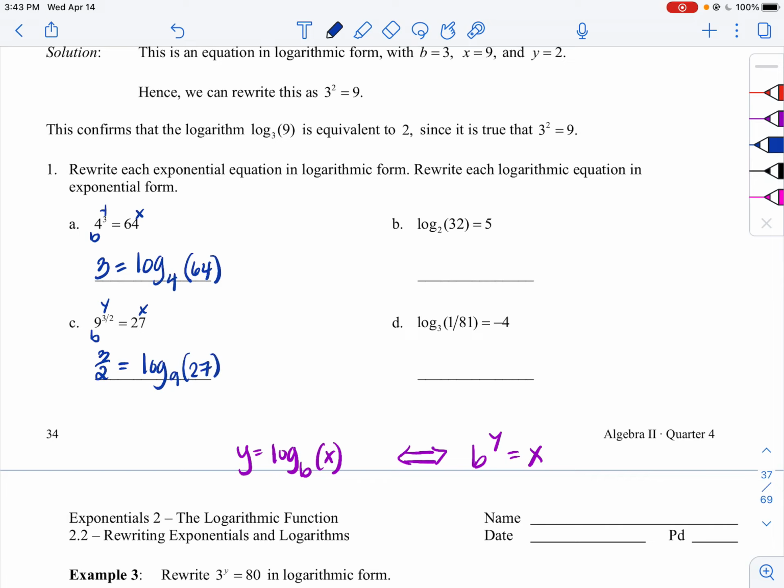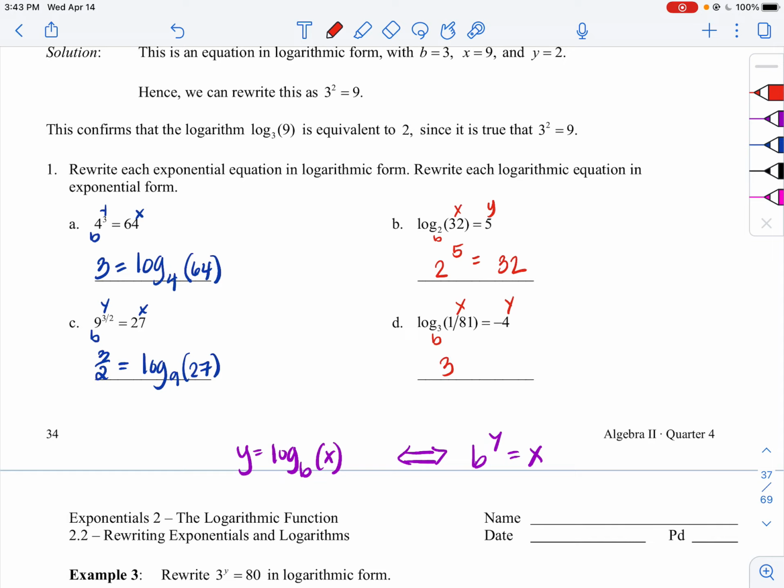Now we are going to write it from log to an exponential. So this is our base, and this is our x, this is our y. This is our base, this is our x, and that's our y. So let's put them together. So this is 2 to the power of 5 equals x, so equals 32.